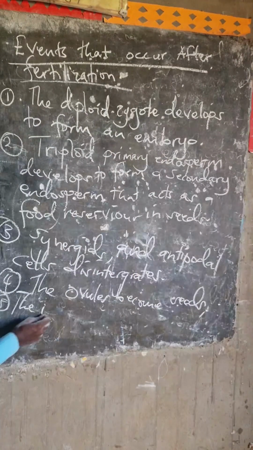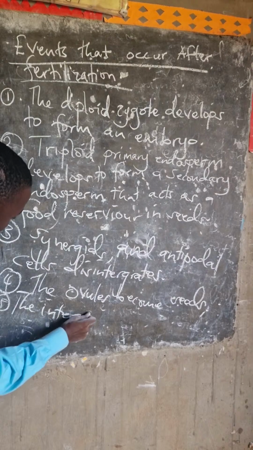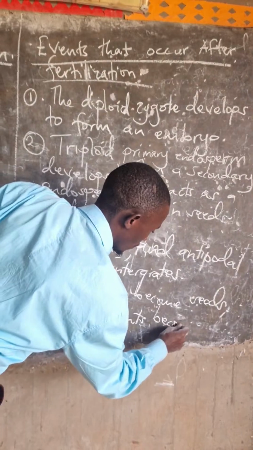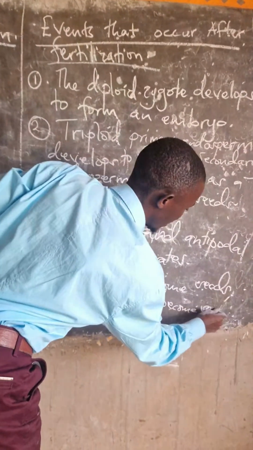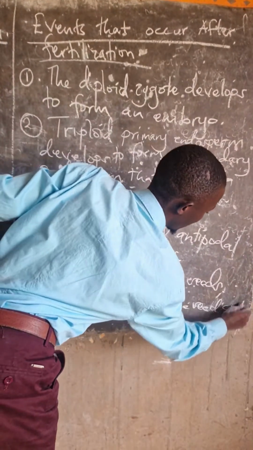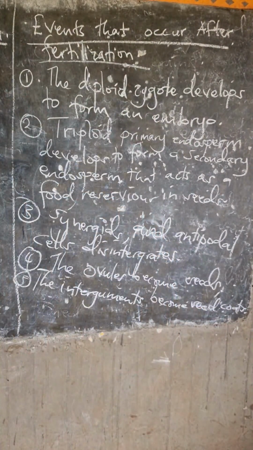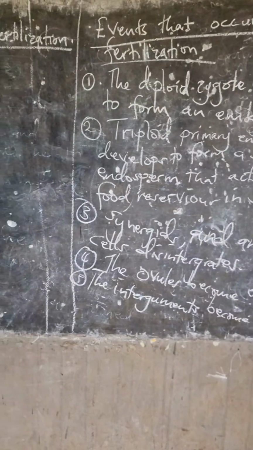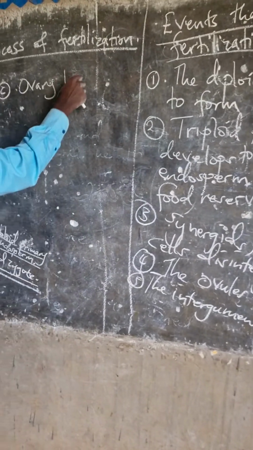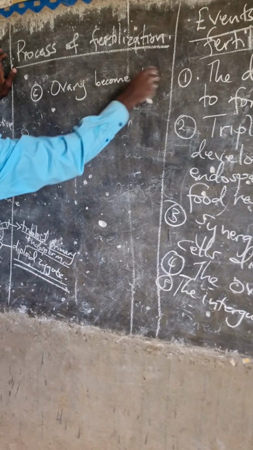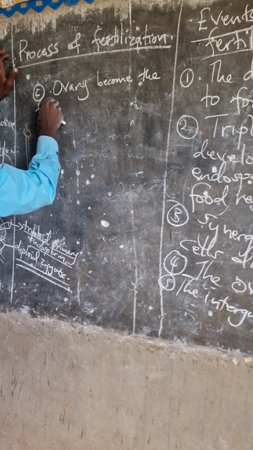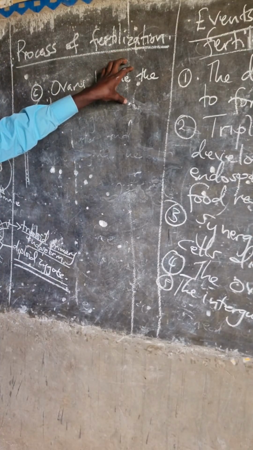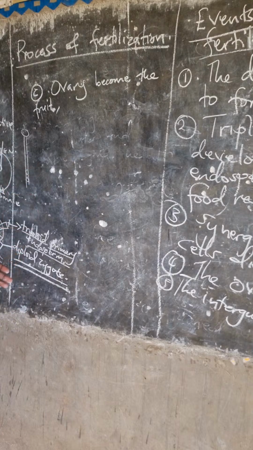Five, the integuments become seed coats. Six, the ovary becomes the fruit, and the ovary walls become the pericarp of the fruit, and so many others.